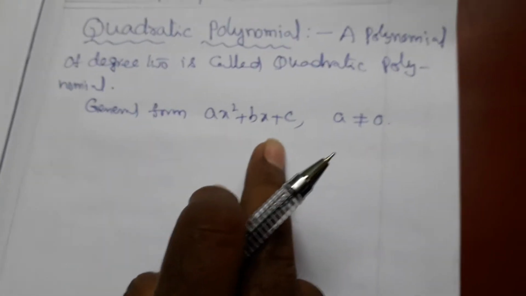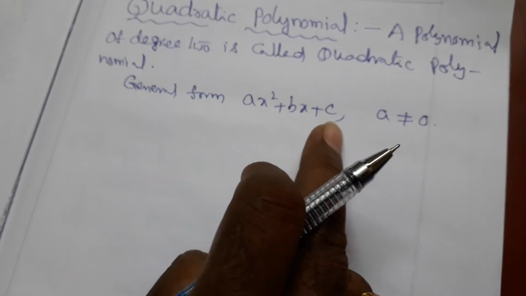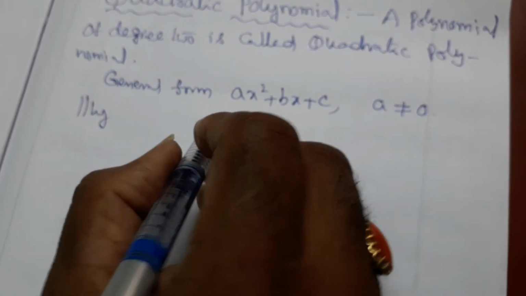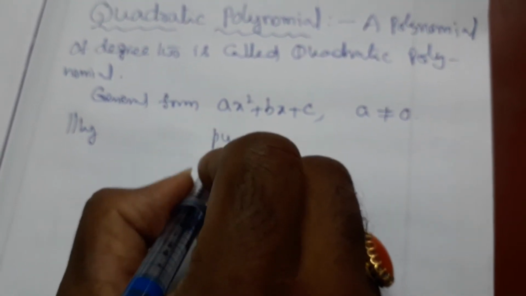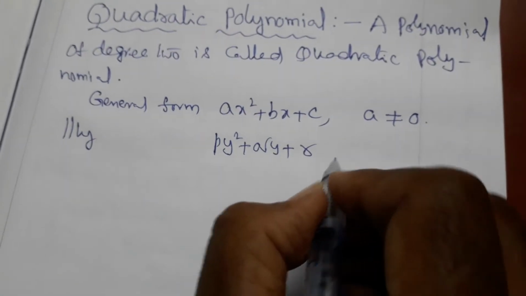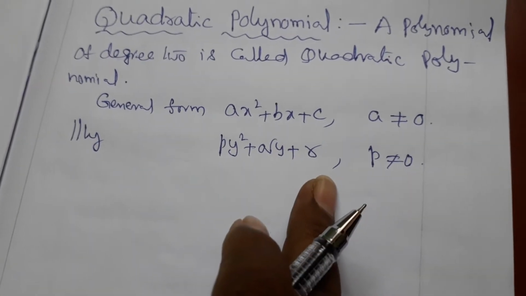This is the general form in variable x with coefficients a, b, c. Similarly, the general form may be written as py square plus qy plus r, where p is not equal to 0. This is also a general form.